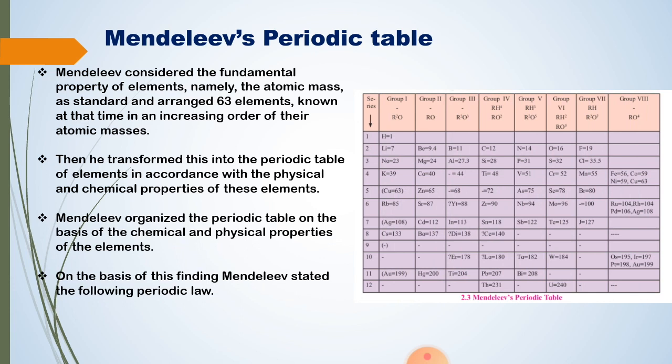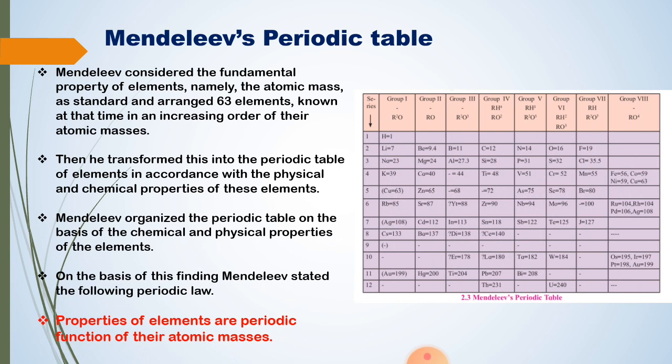Yes, and on the basis of this finding, Mendeleev stated the following periodic law, that is, the properties of elements are periodic function of their atomic masses. So Mendeleev gave priority to atomic masses.